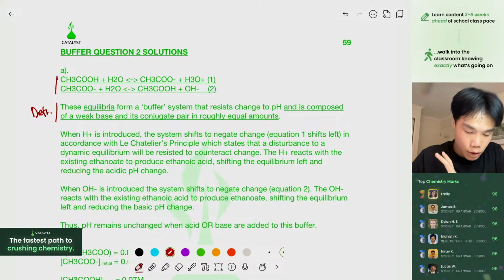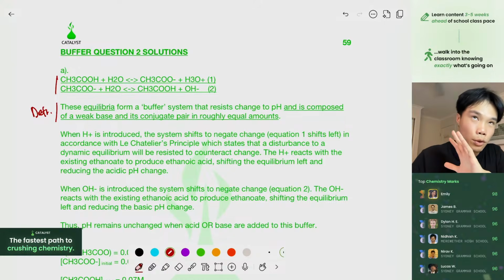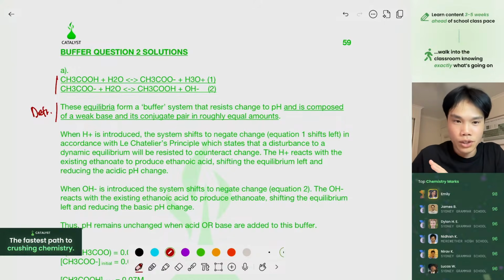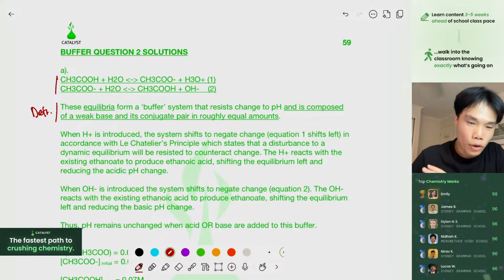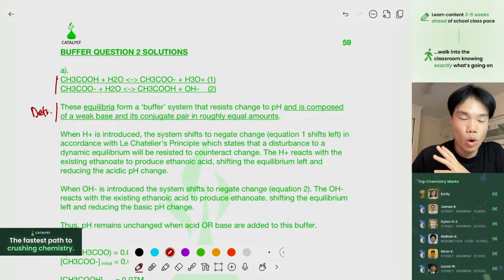And then the 3rd mark is attributed to the explanation of what happens when either hydronium or hydroxide is added. Typically, a question that's worth 4 marks can demand you to do both ways, but more often than not in your exams you get to find one of the ways. So they will ask what happens when you add an acid in and explain why pH doesn't change.